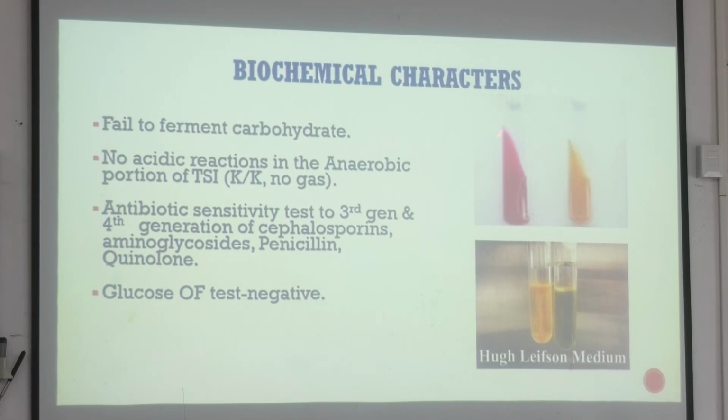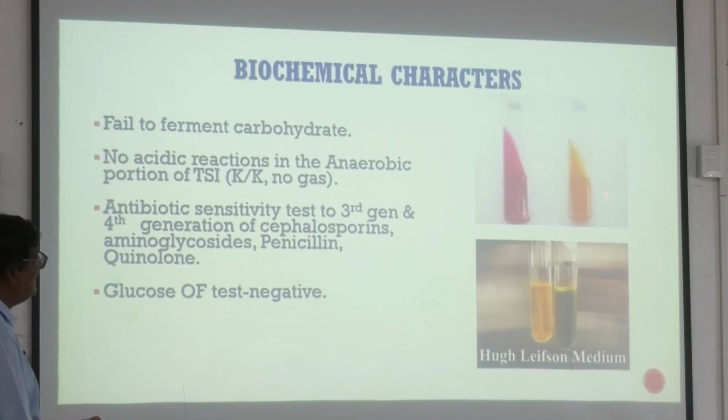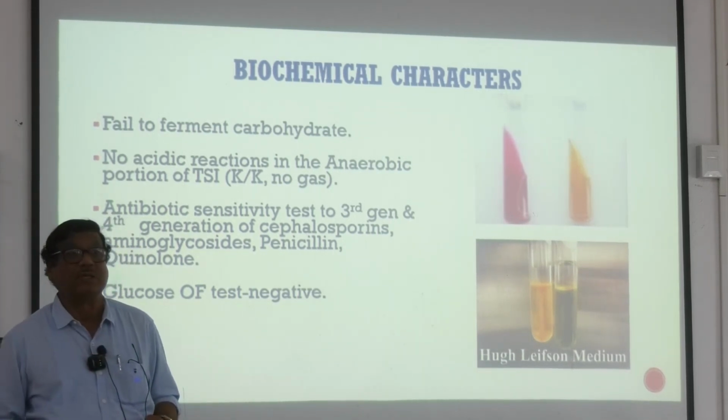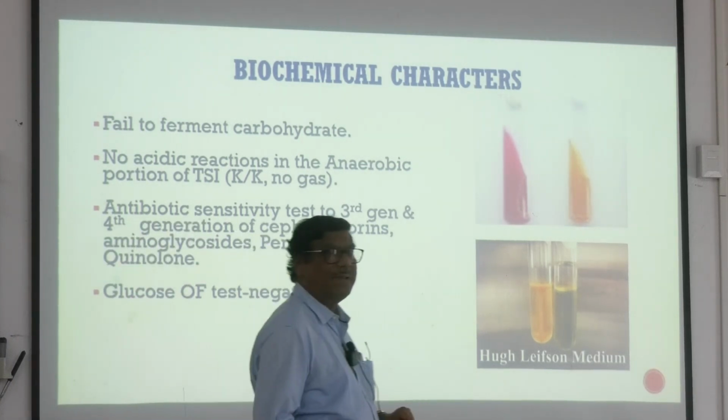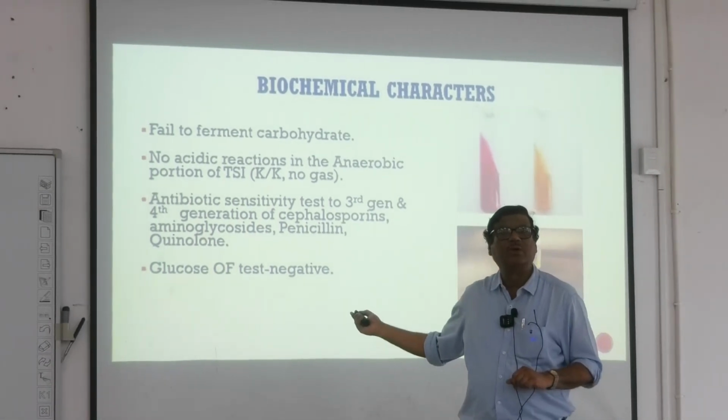This is the picture of TSI, K by K, alkaline by alkaline, and in case of acid by acid, in case of Enterobacteriaceae. Enterobacteriaceae, they ferment glucose, lactose, etc., and that's why acids are produced.